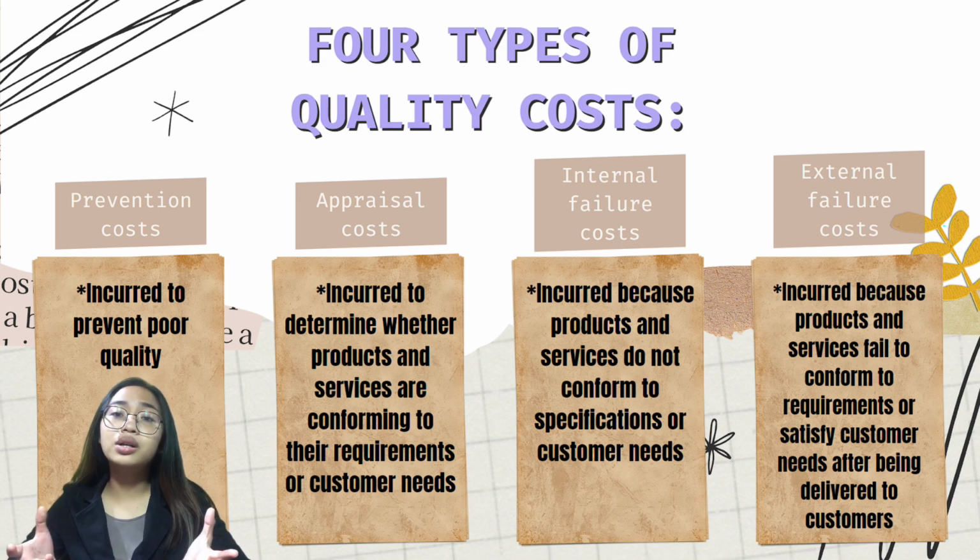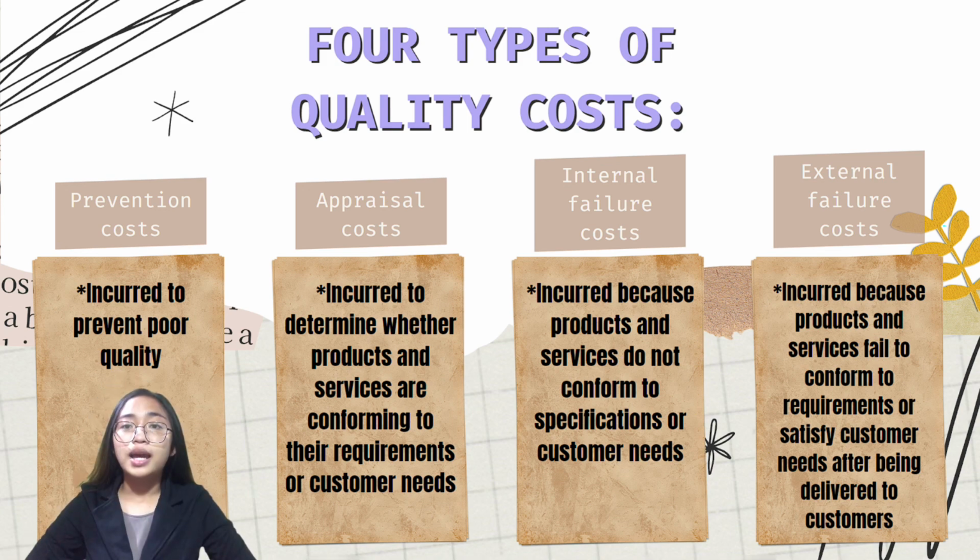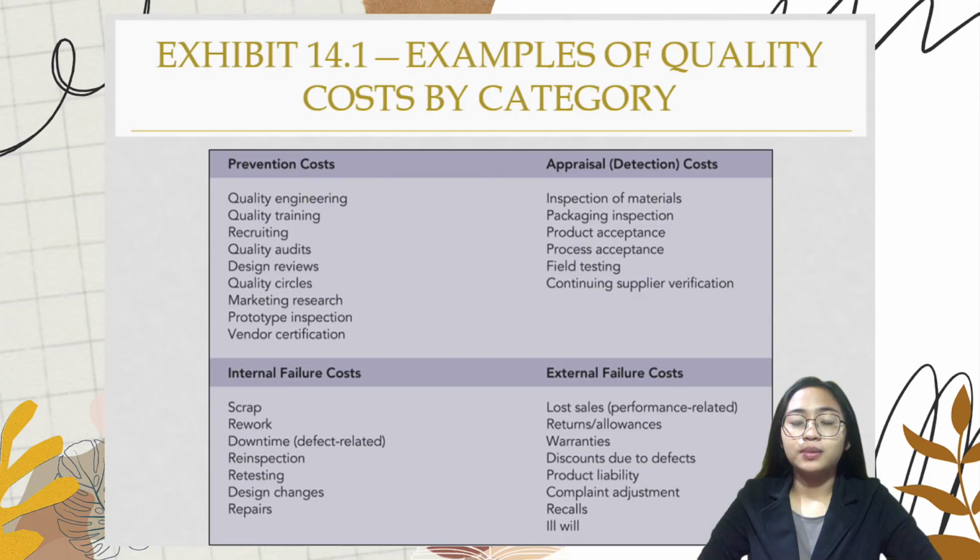So, appraisal costs are incurred for the purpose of determining whether or not items and services are adhering to the standards of the customers. Internal failure costs are incurred when goods and services do not meet the requirements outlined in the specifications or the needs of the customer. External failure costs are incurred when goods and services, after being delivered to customers, fail to adhere to specifications or fail to fulfill customers' needs.